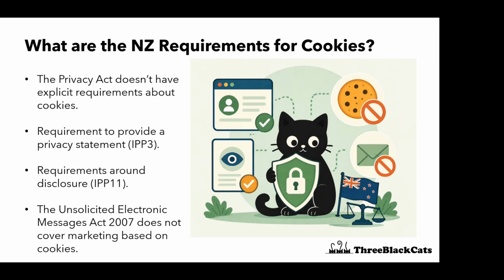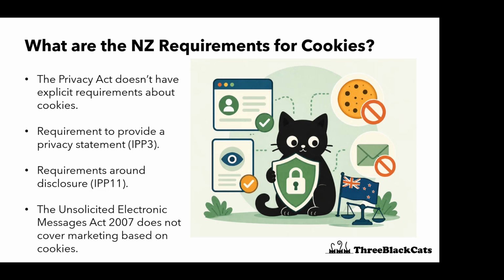Then also in New Zealand, we have the Unsolicited Electronic Messaging Act, otherwise known as the Anti-Spam Act. The Anti-Spam Act covers marketing itself. What it doesn't cover, though, interestingly, in New Zealand, is the use of cookies and in-app marketing.